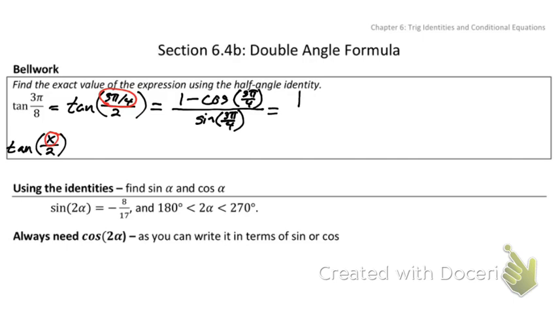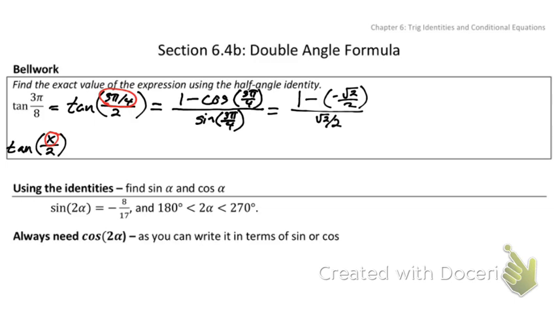Well, that's going to equal 1 minus, well, cosine of 3 pi over 4. Well, 3 pi over 4, that's one of our 4, so it's got to be square root of 2 over 2. And 3 pi over 4 is in quadrant 2, so it's going to be a negative square root of 2 over 2. And sine of 3 pi over 4 is square root of 2 over 2.